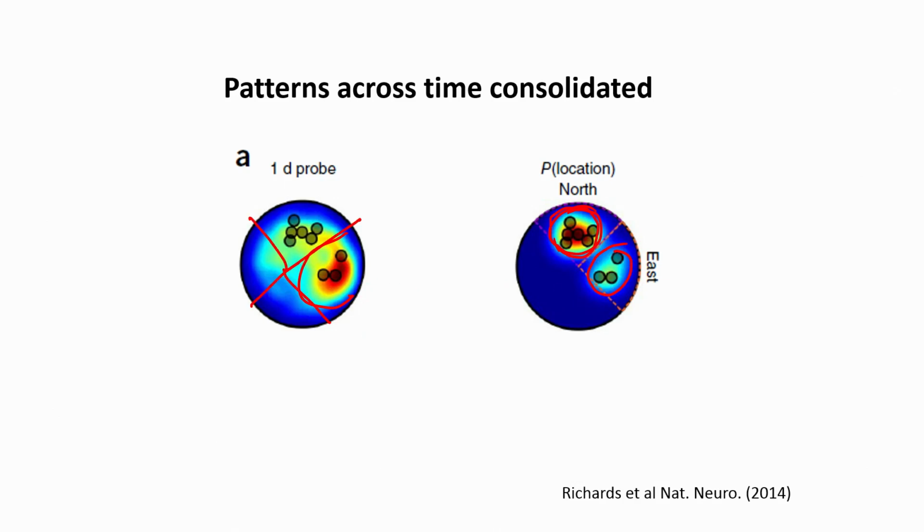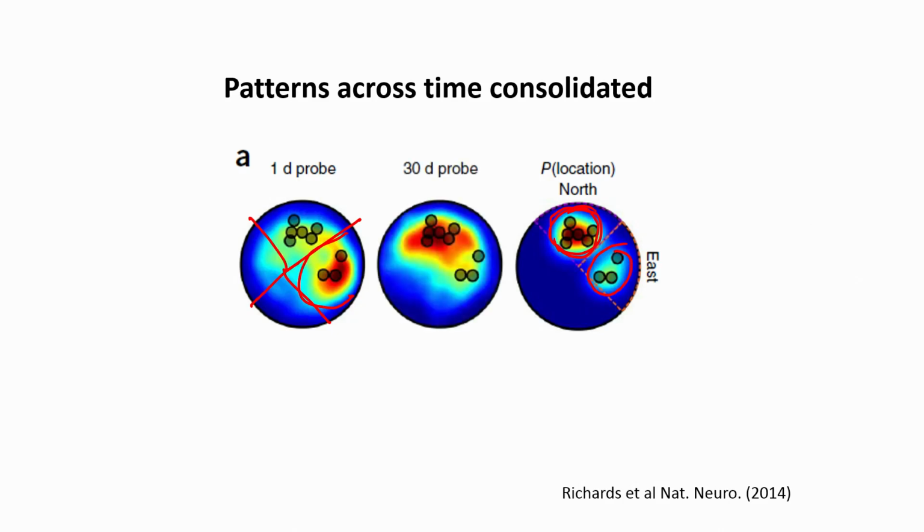However, if you wait for about a month or so and then ask where they are searching, what you see is that they are predominantly searching in the quadrant where there is the highest probability of finding the platform. It is not about which quadrant, but about the probability: in which quadrant do I have the highest probability of locating the platform?